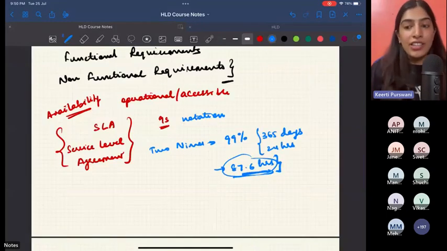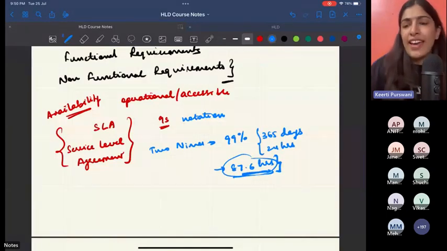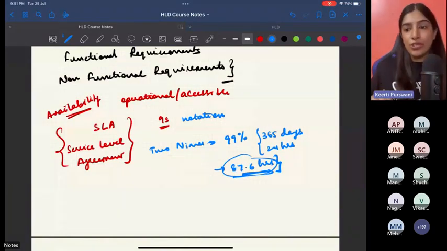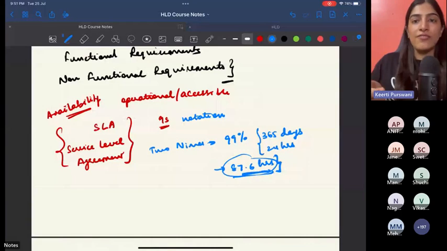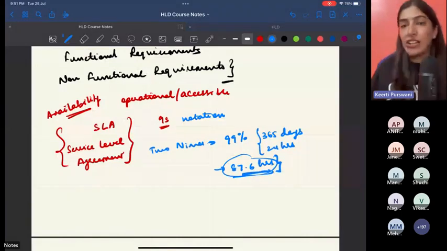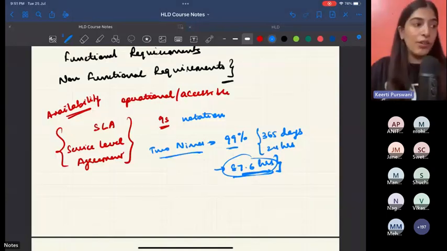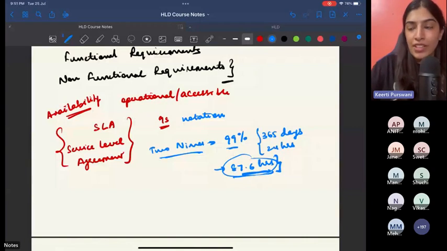Probably it is definitely not good for critical systems, probably acceptable for non-critical systems. Like suppose you're watching my tutorials, it is fine that it goes down for say 5 minutes in a day. But if it starts going down, suppose 1 hour a day, it is not acceptable. So two nines means that your system is going to be up for 99% of the time.